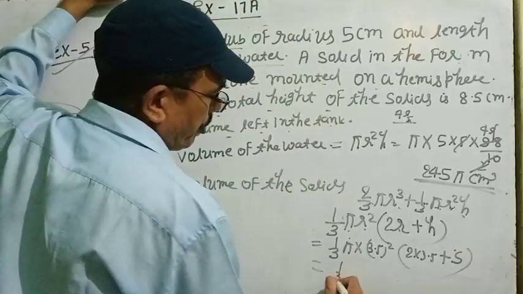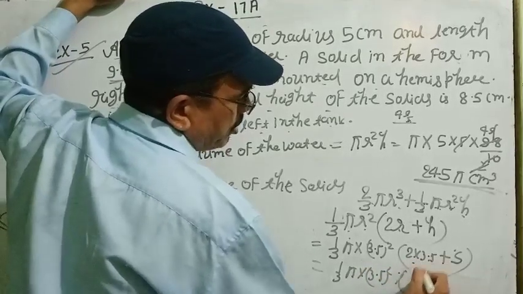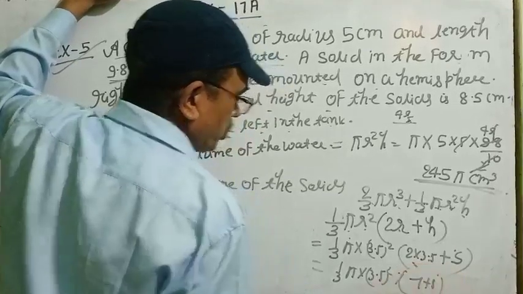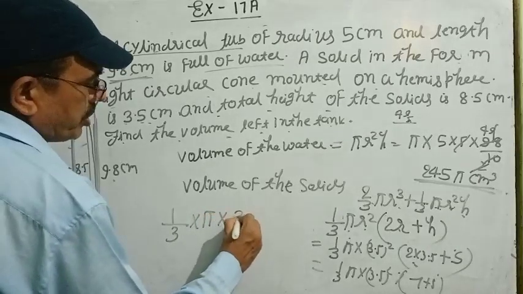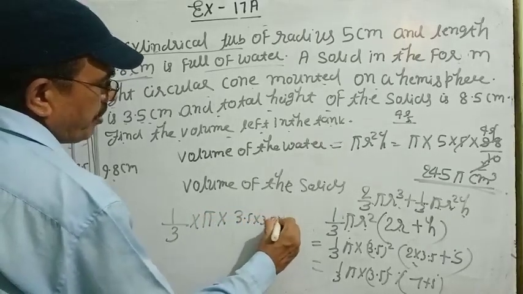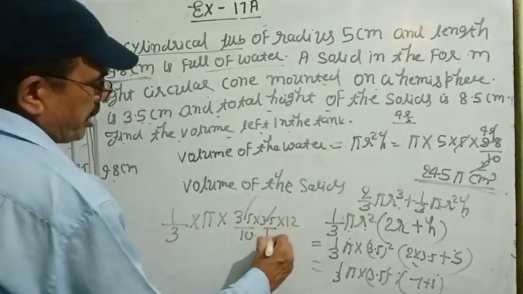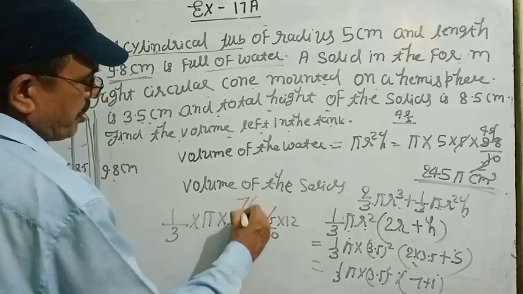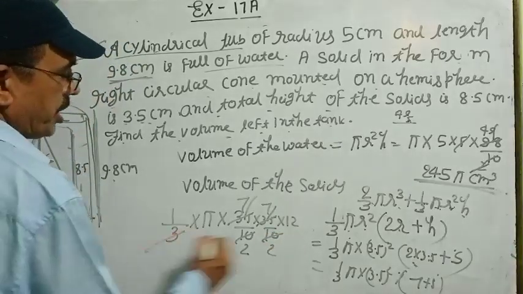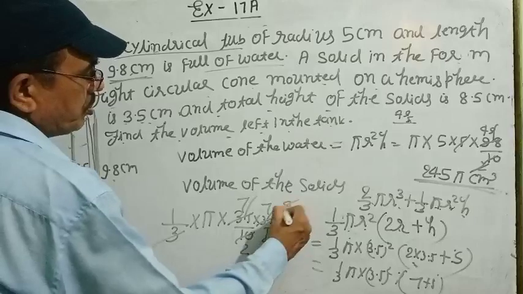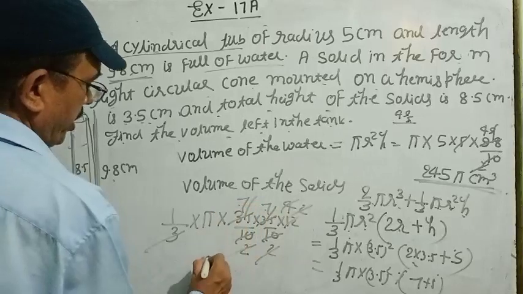We get 1 by 3 pi into 3.5 into 3.5 into 7 plus 5, that is 12. Cancelling the common factors, we get only 49 pi centimeter cube.